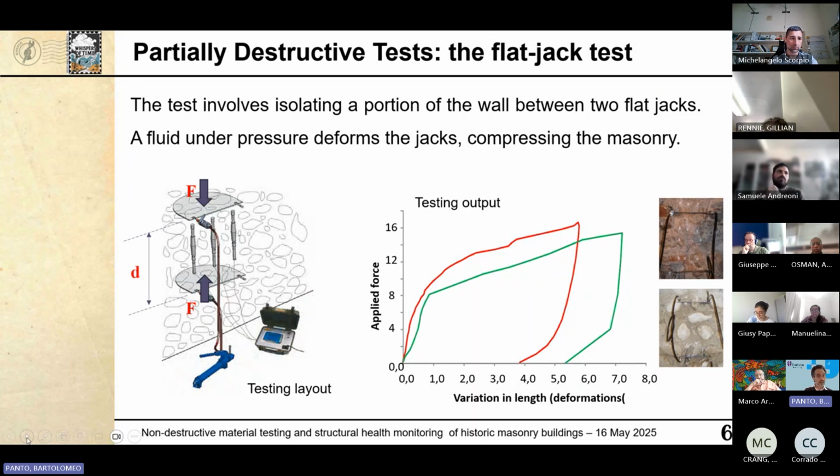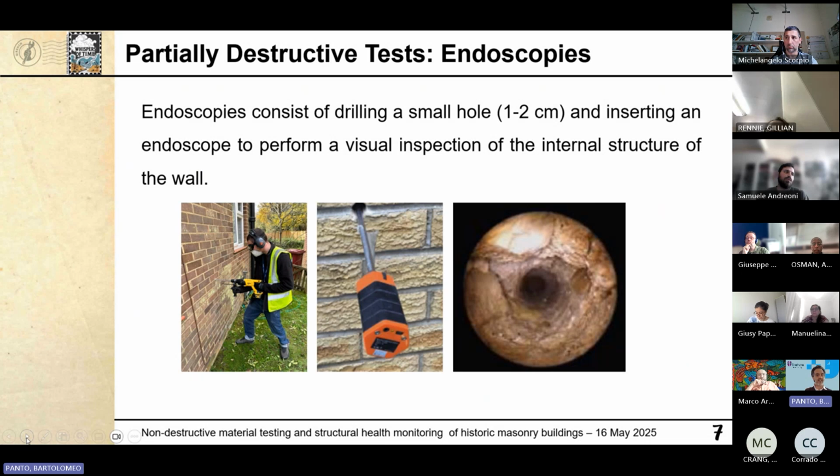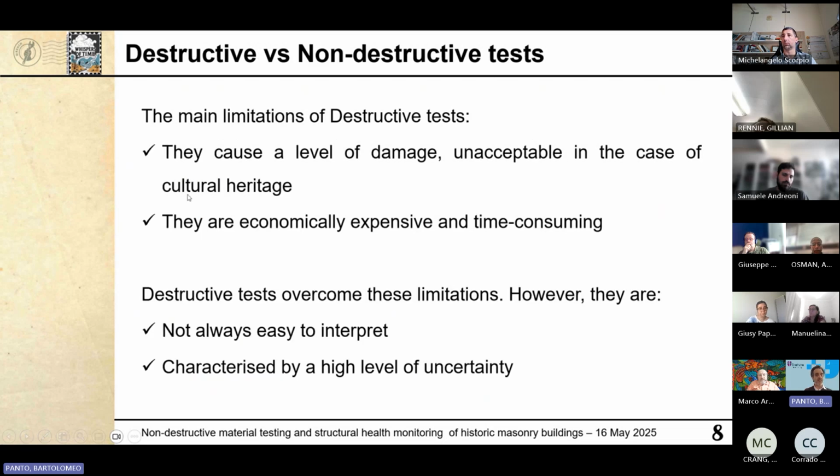Other destructive or partially destructive tests are endoscopies, in which we make small holes and look inside to see what we have internally. Again, these are very helpful to see if the core, the inner part of the wall, is made of different materials, but it produces some damage that we cannot restore. So we need to accept some damage.